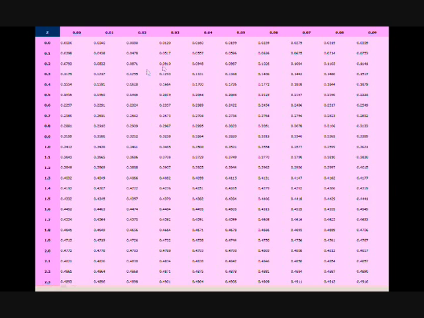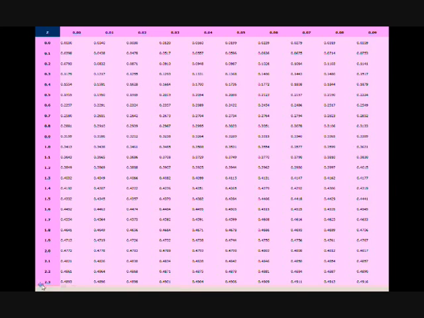So from here, we look for 0.4917, and we get here 0.4916, the closest number to 0.4917. For this value, we look at the row to the left, that is 2.3, and up here it is 0.09.